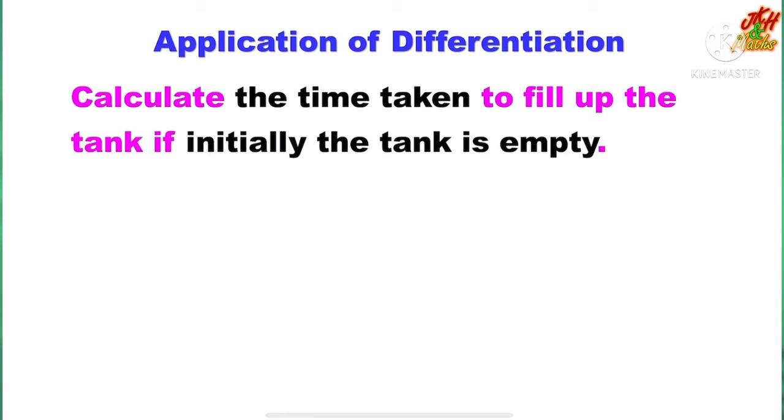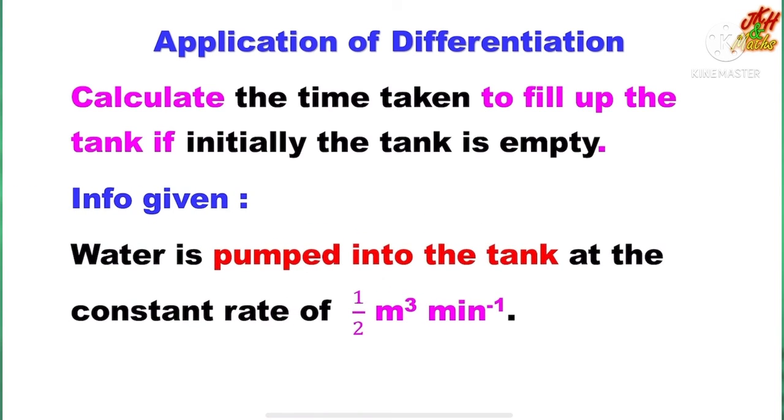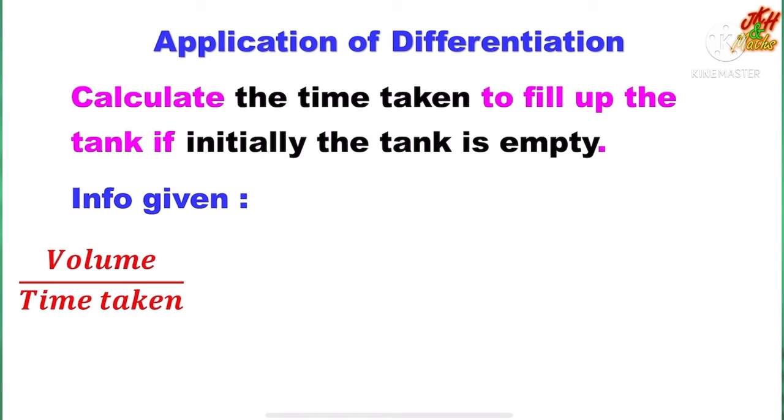Third question: calculate the time taken to fill up the tank if initially the tank is empty. So info given: water is pumped into the tank at a constant rate of 1/2 meter cube per minute, where we know that the volume over time taken is equal to 1/2, because based on the unit itself given in this relation.